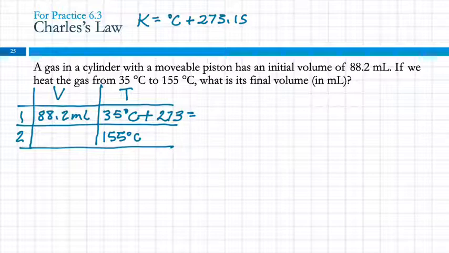I think it's best to always use the .15, but in a situation like this, my temperature is to the nearest 1 degree, so if I use 273, it's going to be fine. If my temperature went to the tenths or hundredths, then I should use all the digits. So I've got 35 plus 273, so this is 308 Kelvin.